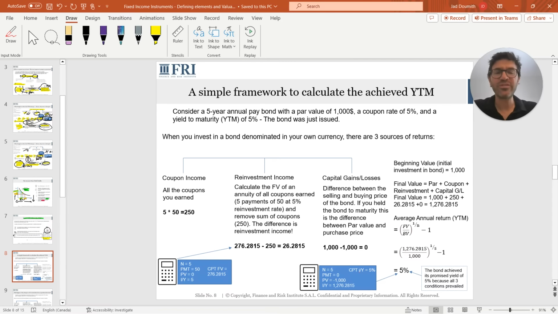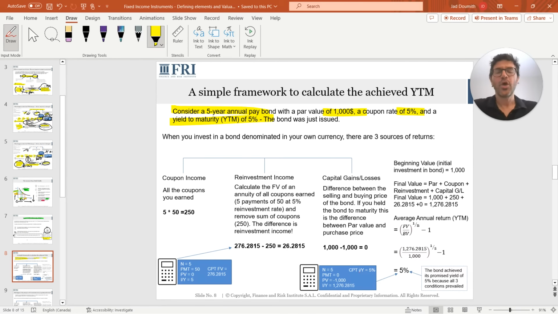But anytime we deviate from those conditions, there's a risk of achieving less, or if you're lucky, achieving more. Go back to our example. Consider a 5-year annual pay bond with a par value of 1,000, a coupon rate of 5, and a yield to maturity of 5. The bond was just issued.